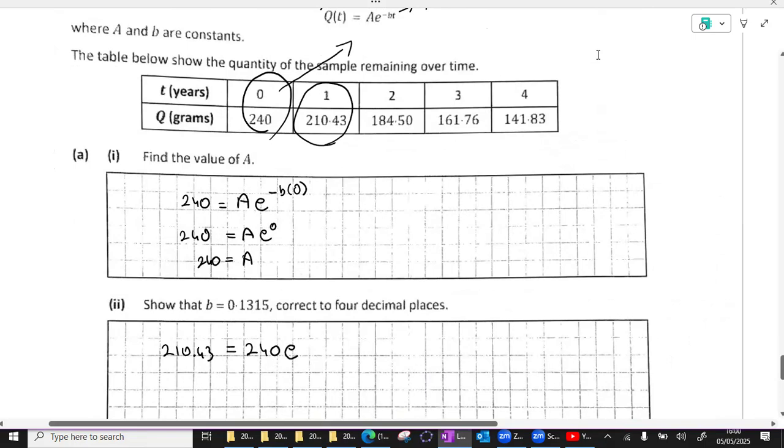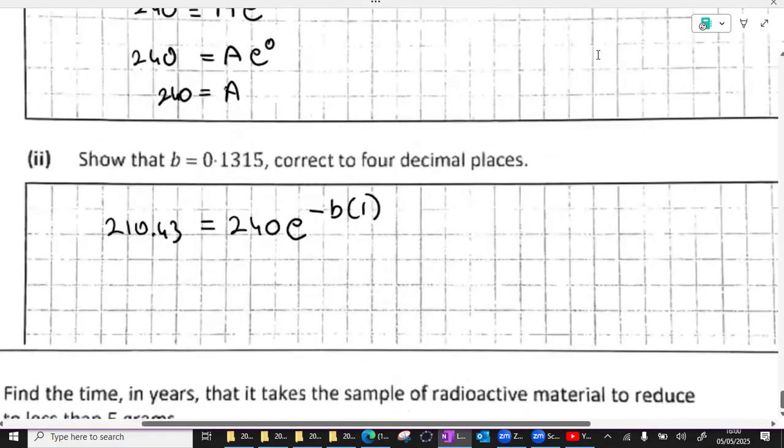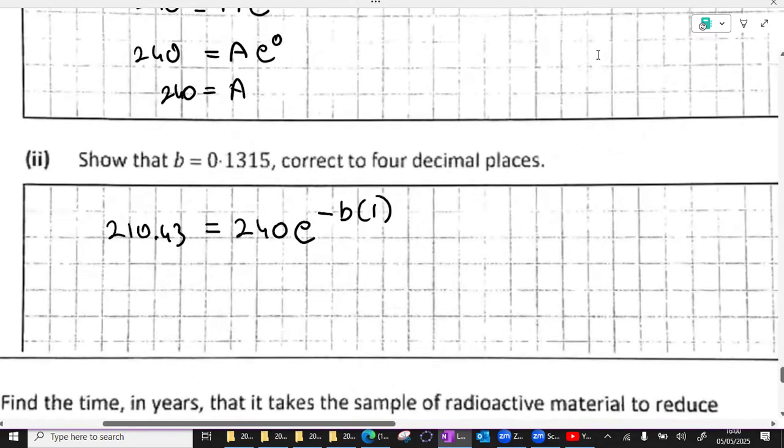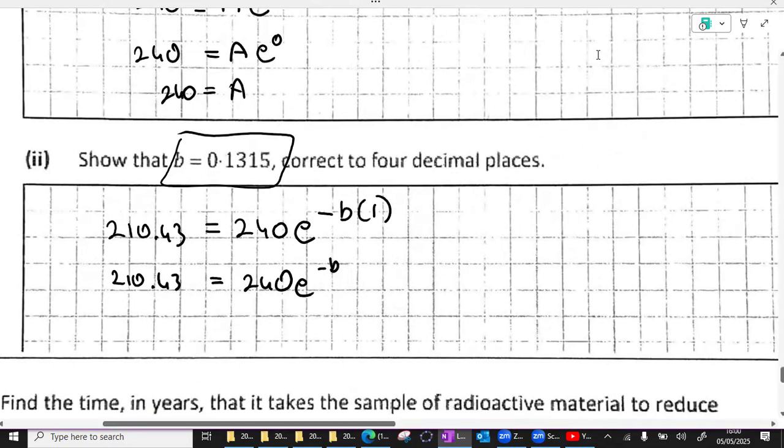E is just E to the minus, I don't know B. In a moment, hopefully I can prove it, but right now I'm just putting it as B, and T in this case is 1. So what I'm hoping is that I can figure this out to end up becoming that. So 210.43 is equal to 240 e to the power of minus b, because obviously 1 doesn't have any effect on the b.